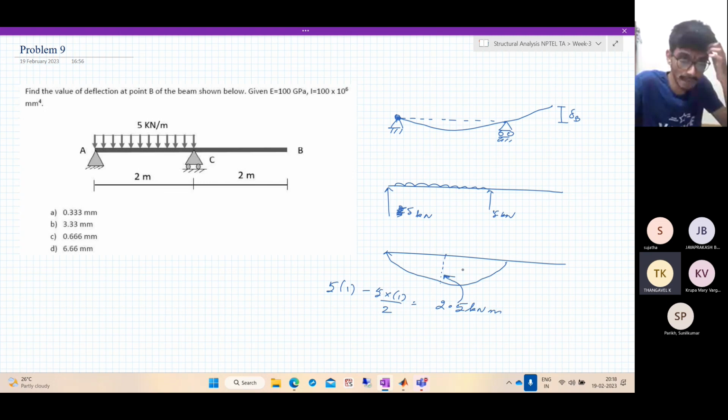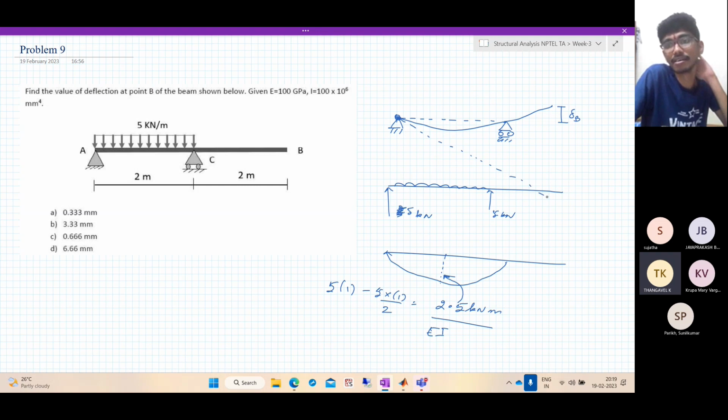Now, given this, the maximum deflection, right? Okay, let's do it in the usual manner. So this is 2.5 kilonewton meter by EI as usual. As I said, you need to select a point about which you need to find that tangential deviation.